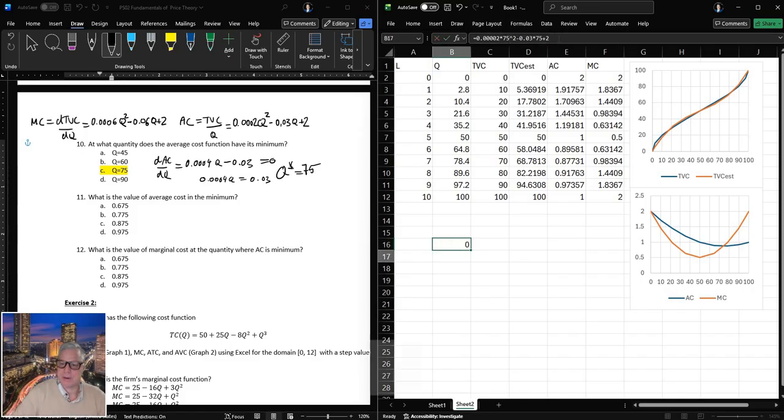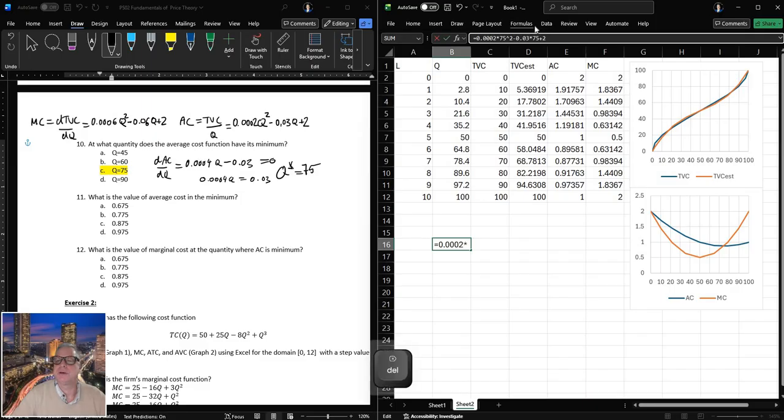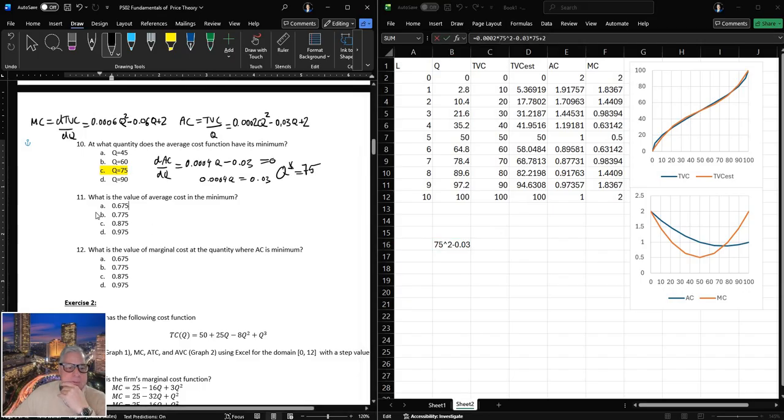So now it is correct. No, it's not. So average cost at 75 is... Oh, it's one 0 too much here. Okay, so it's okay. But one has to be always careful. But if you apply this formula correctly and don't make any mistakes, you get 0.875.